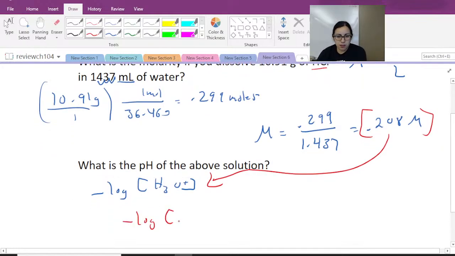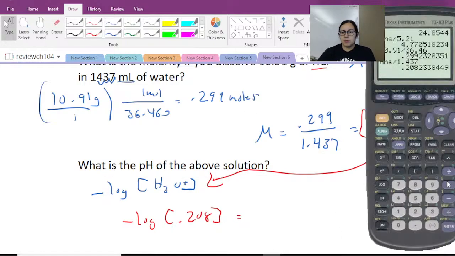And so right now we just need to plug this in. So negative log of 0.208. And so let's see what that gives us. And so pretty low pH of 0.68.